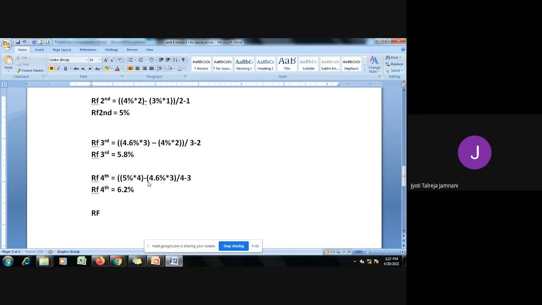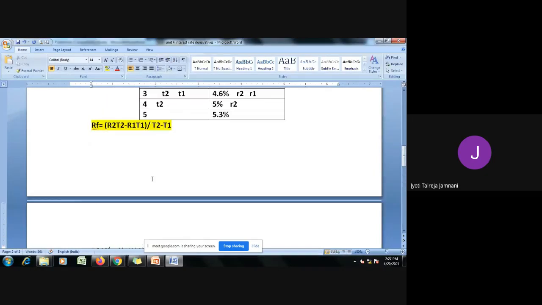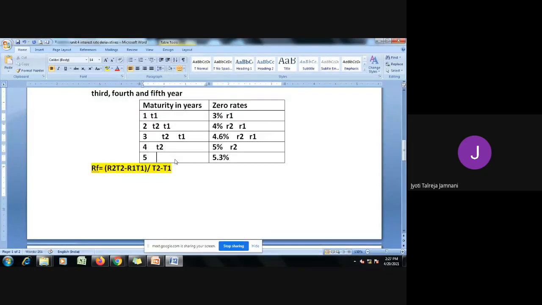Last we'll do RF for fifth year. This is T2. Fourth year will become T1. Fifth year rate will become R2 and fourth year rate will become R1.